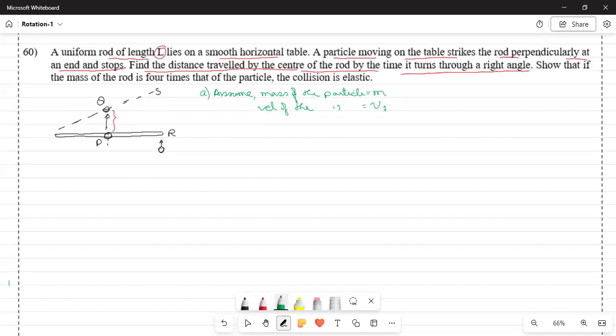Also, let us assume the mass of the rod is capital M. Also assume the velocity of the center of mass of the rod after collision is, let us say, V2.